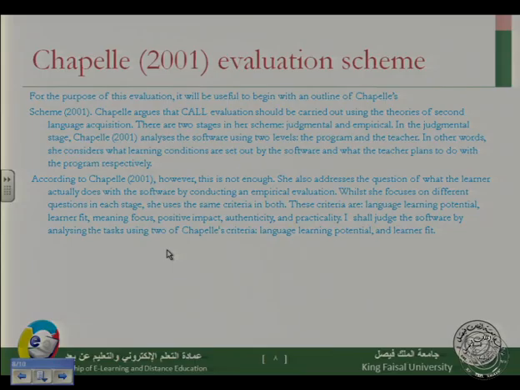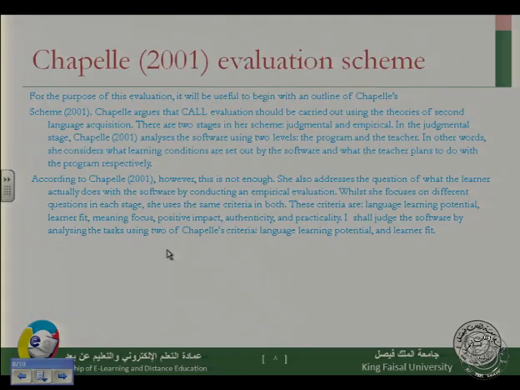We have a percentage of students who do like this. In tests, even in normal classes, in normal teaching, you expect them to do something, but surprisingly, they do different things. So it's very important that when we empirically use the software, we look at the learner side.